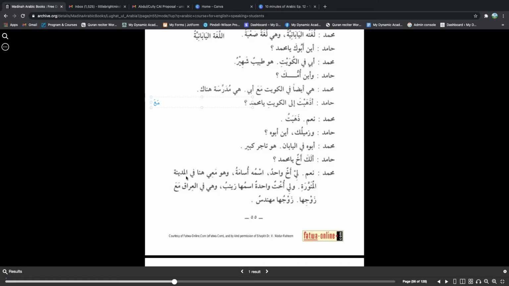Huna, here. Fil Madinatil Munawwarati. In Medina Munawwara, the city of the Prophet. That's one of the many ways we say it. Munawwar means to be illuminated or enlightened. When you put light somewhere, that's Munawwar.